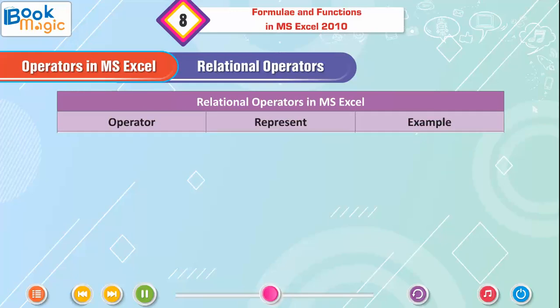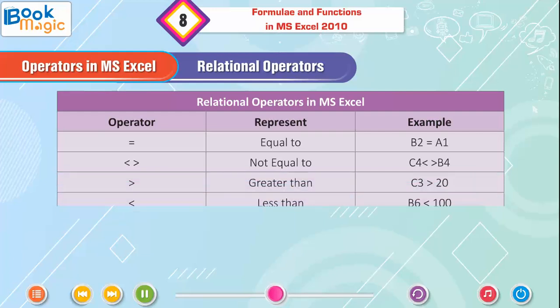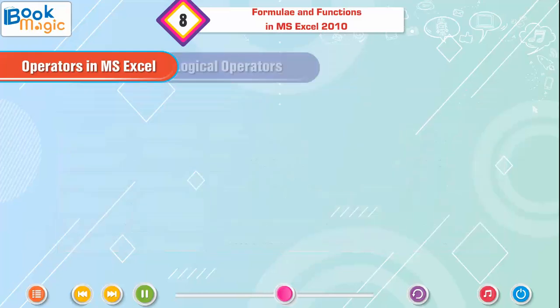Operator, represent, example: equal to, B2 equals A1; not equal to, C4 not equal to B4; greater than, C3 greater than 20; less than, B6 less than 100; greater than or equal to, D4 greater than or equal to C3; less than or equal to, A5 less than or equal to 6.